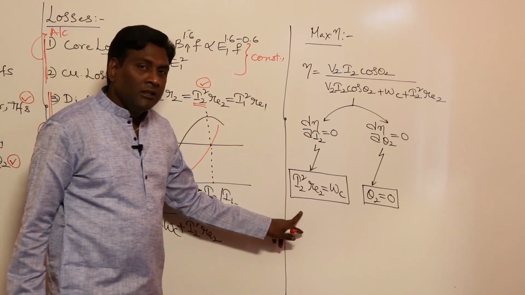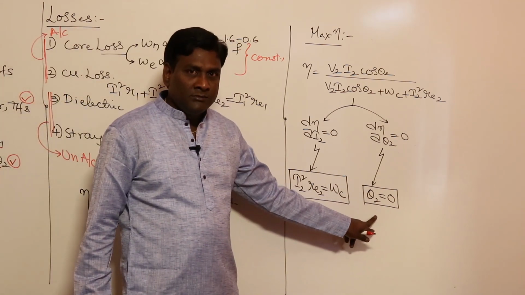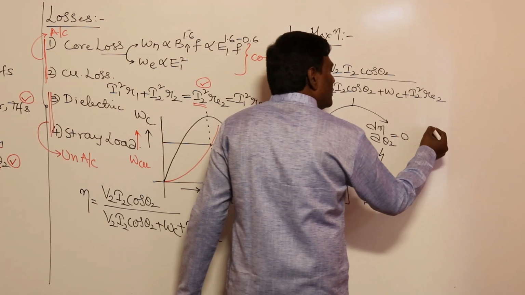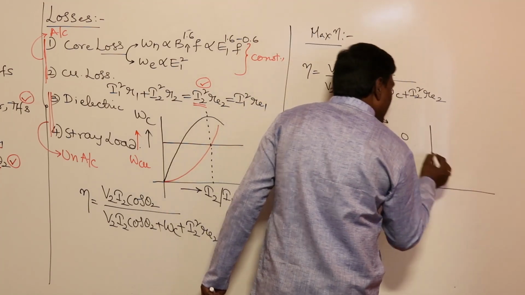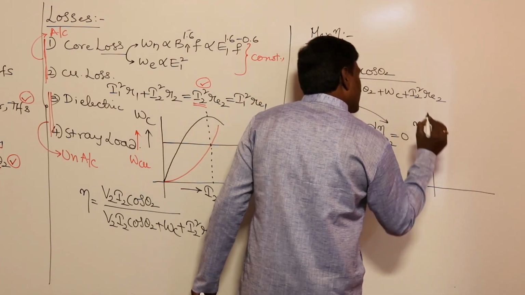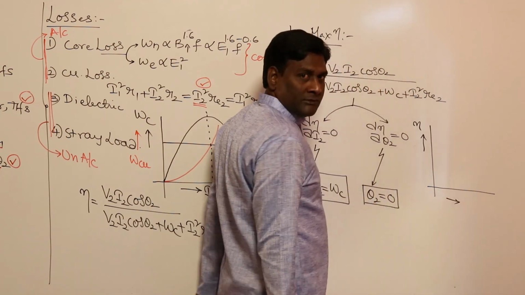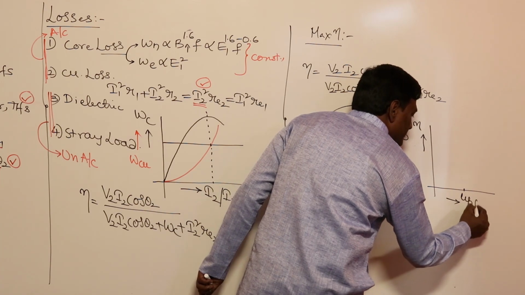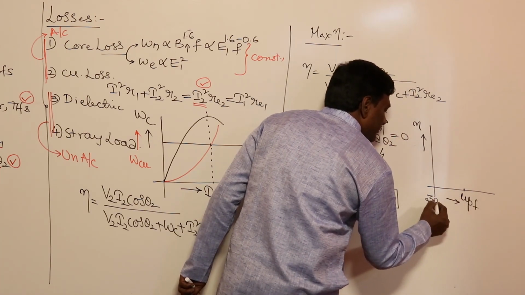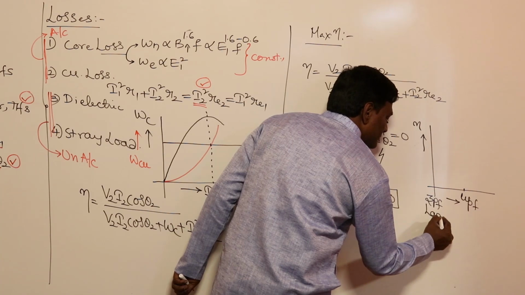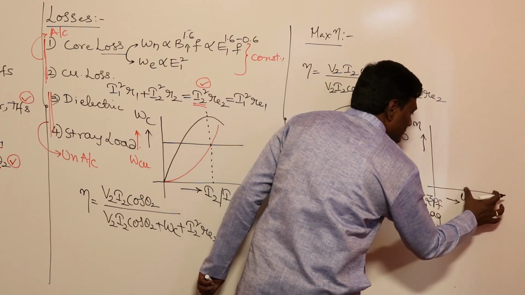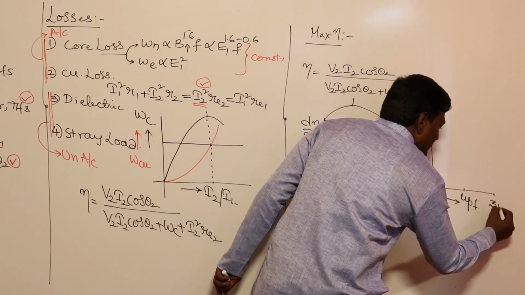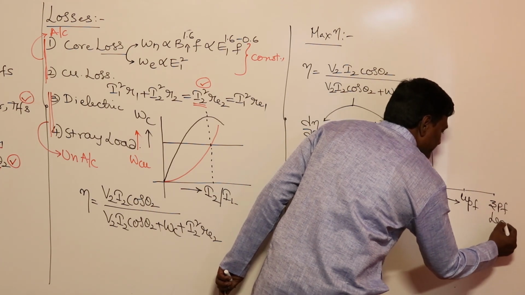Now, with respect to theta 2 equal to 0, let me think of drawing the efficiency characteristic with respect to power factor theta 2. Maybe this is going to be unity power factor, this is ZPF lag, and this is ZPF lead.